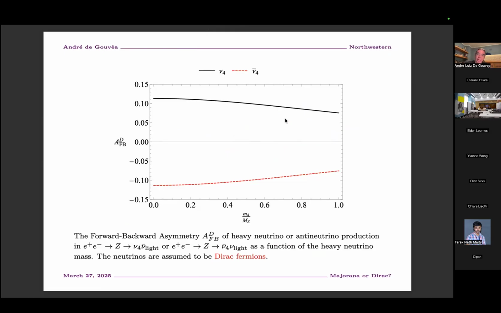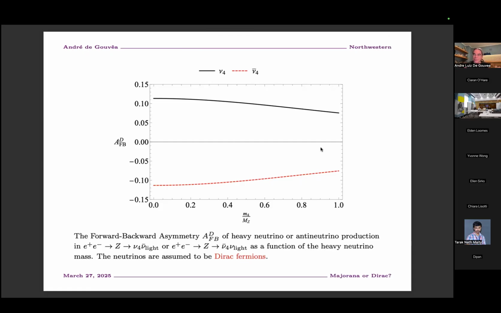This is a forward-backward asymmetry between either the neutrinos or the antineutrinos if the neutrinos were Dirac. You notice that the range of masses that we talk about are some fraction of the Z mass. Of course, if you get too close to the Z mass, then the rates go to 0 because you run out of phase space.